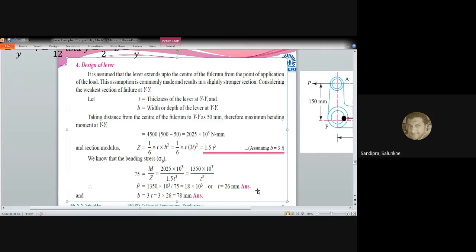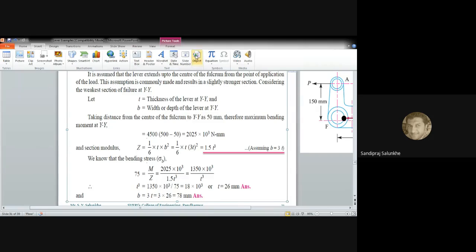Now I need the exact value of T. This 26 millimeter is approximated. Can you calculate? So, use 26.2. Is it above the 26? Then the value which I have mentioned here, is it correct?